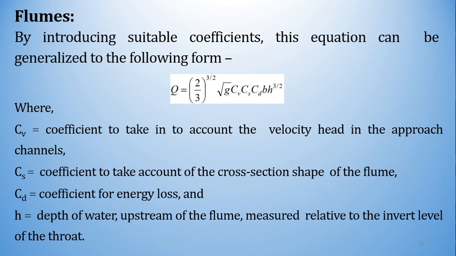By introducing suitable coefficients, the equation can be modified or generalized as Q = (2/3)^(3/2) √g · Cv · Cs · Cd · b · h^(3/2), where Cv is the coefficient to take into account the velocity head in the approach channel, Cs is the coefficient to take into account the cross section shape of the flume, Cd is the coefficient for energy loss, and small h is the depth of water upstream of the flume measured relative to the invert level of the throat.